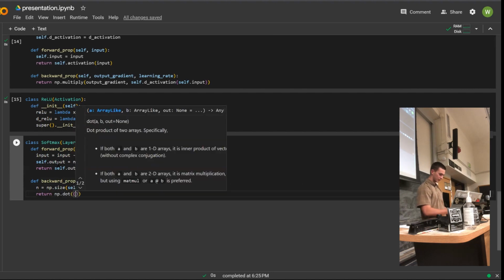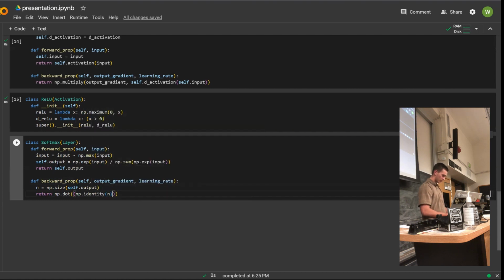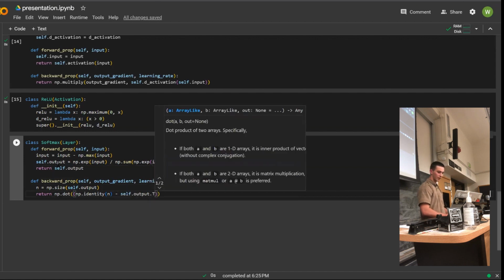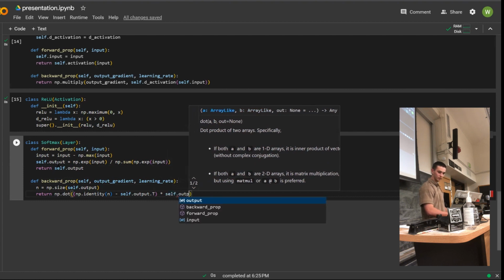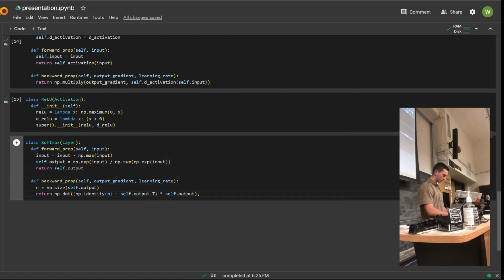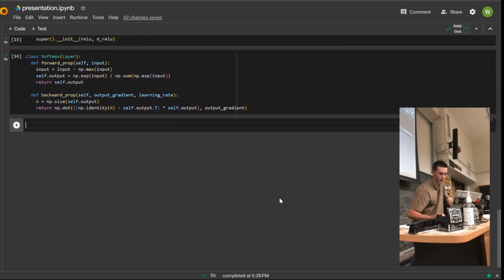So on the inside, we have the identity matrix, minus that A matrix transposed times the A matrix. And that's dotted with the output gradient. I messed up some parentheses somewhere, I think. Here. Okay, all right, so that's our softmax function.